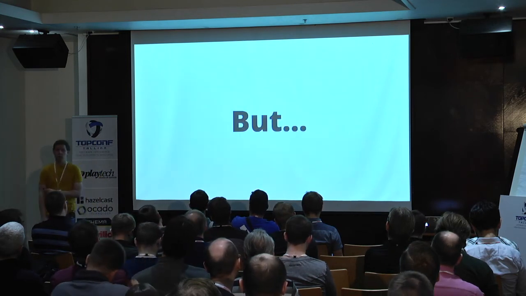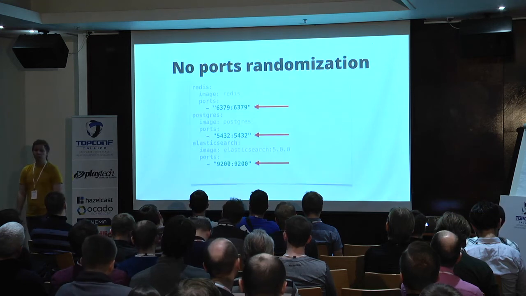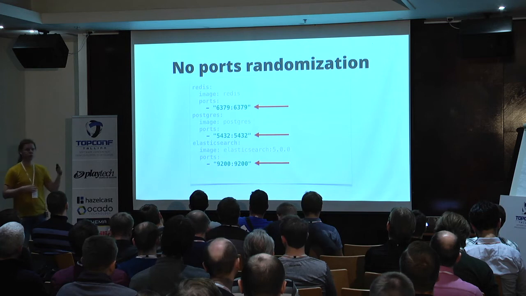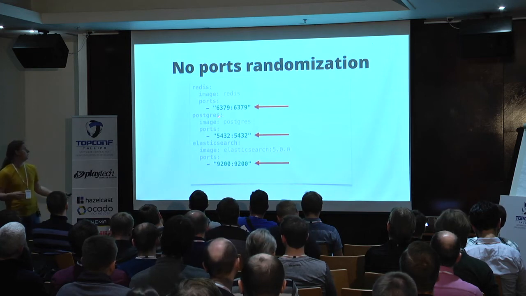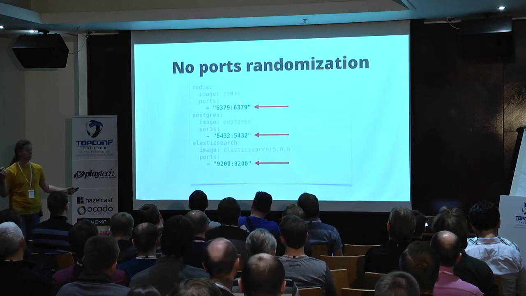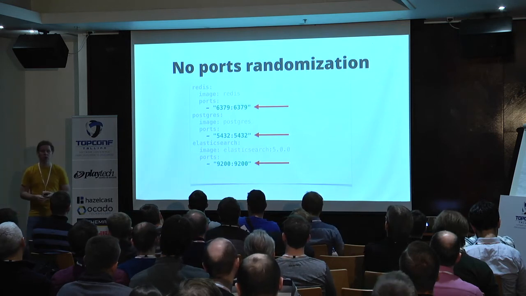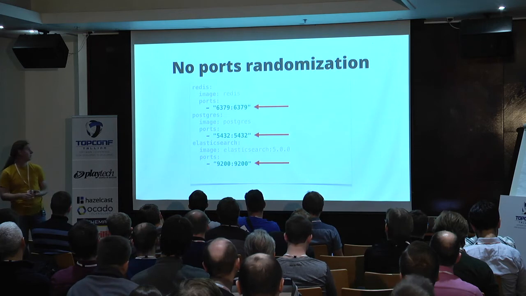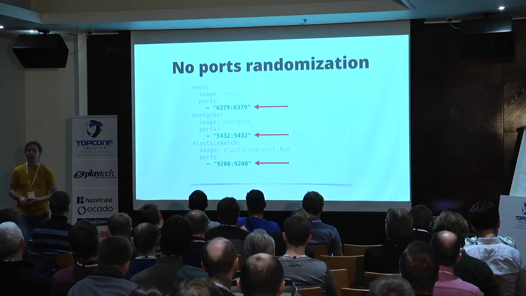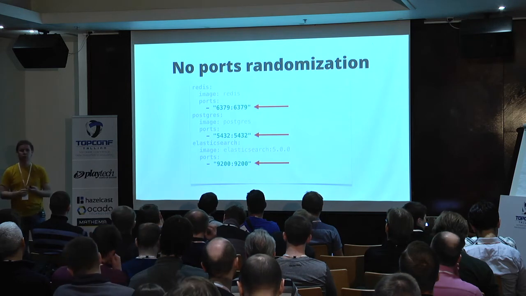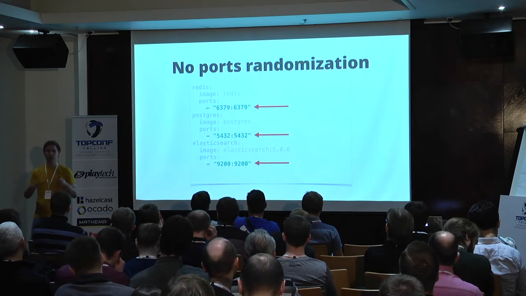But first of all, with Docker Compose, if you want to define it separately, you have to hard code the ports. As you can see, I have to hard code, for instance, this Redis port, because my application expects Redis on port 6379. So I have to deal with port conflicts. For instance, I have microservices.